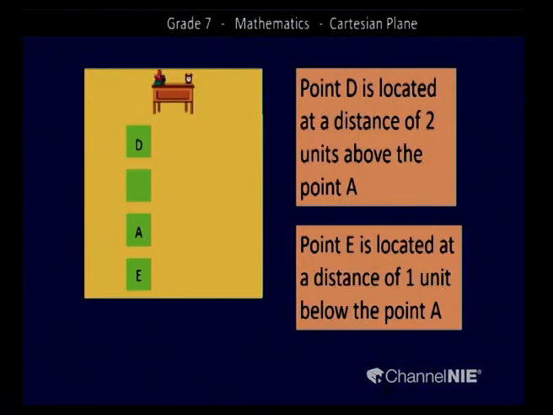Right. Once again, I am going to create a number line for these 2 points, because we are going to find the location of these points with respect to point A. Once again, we can see point D is located at a distance of 2 units above point A, and point E is located at a distance of 1 unit below point A. Right.